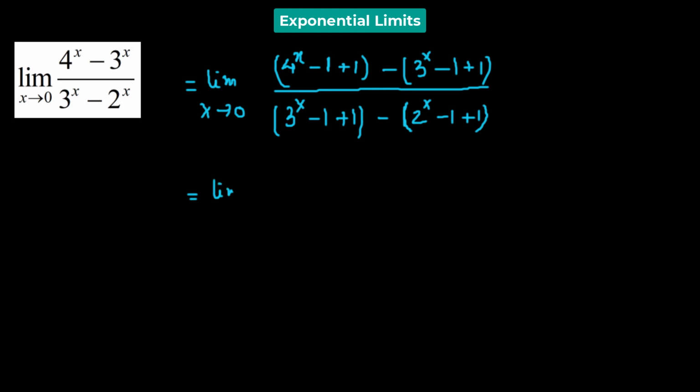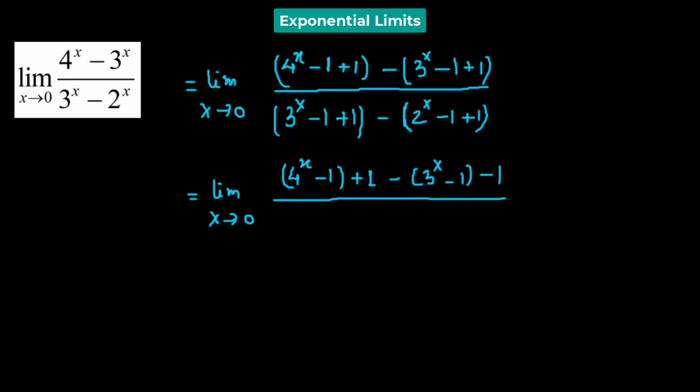So that gives us the limit as x approaches 0 of 4 raised to the power of x minus 1 plus 1 minus 3 raised to the power of x minus 1. So negative times plus 1 will be negative 1, divided by 3 raised to the power of x minus 1 plus 1 minus 2 raised to the power of x minus 1 minus 1.